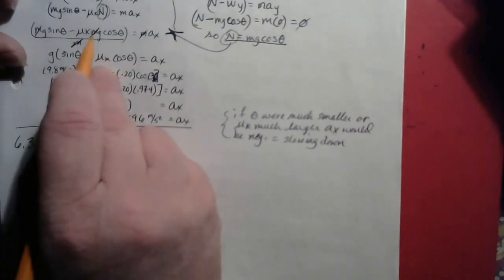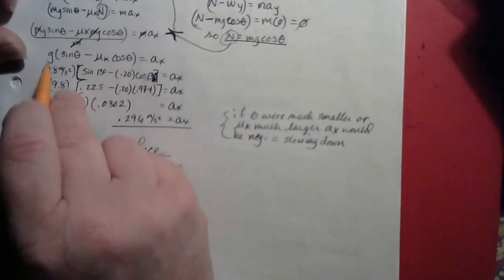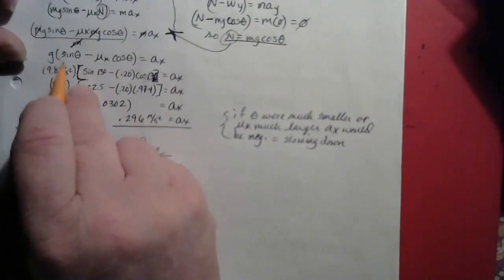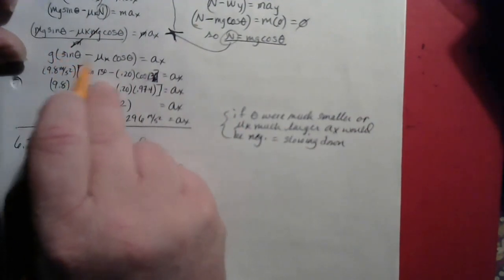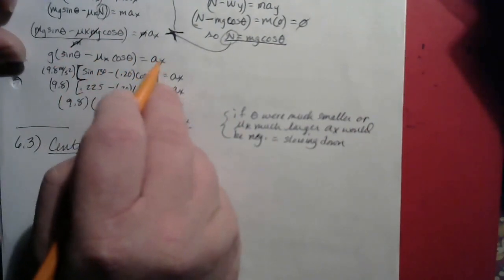Also, you notice there's a g in each of the terms in the numerator, so you can factor that out if you want. So that would be g times sine theta minus mu sub k cosine theta equals a sub x.